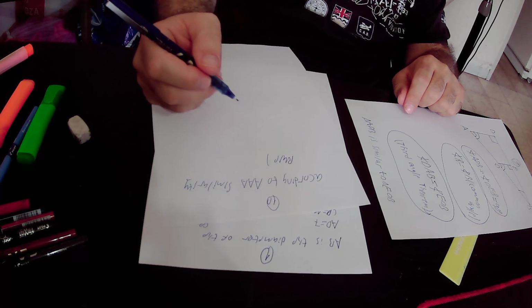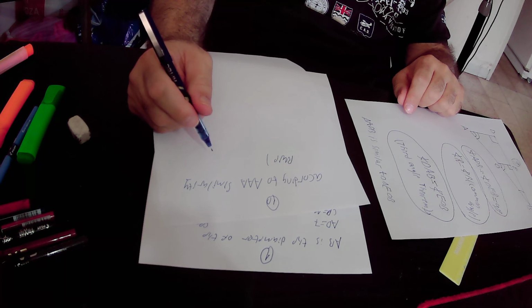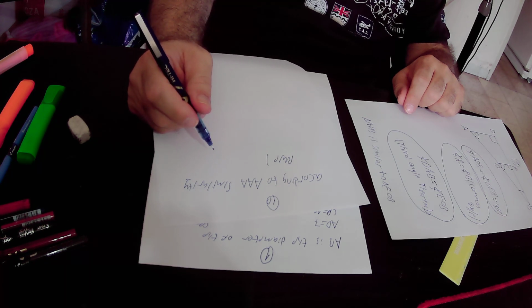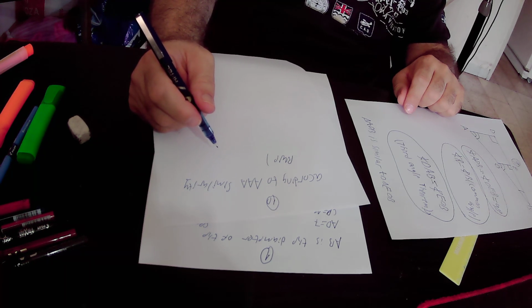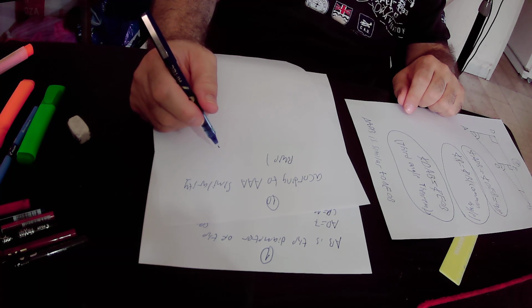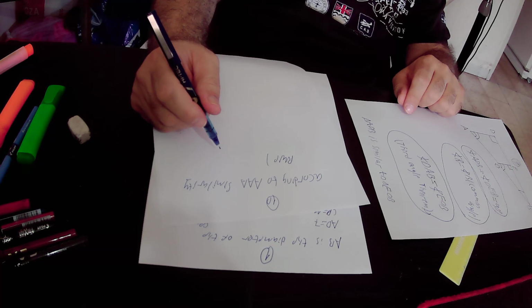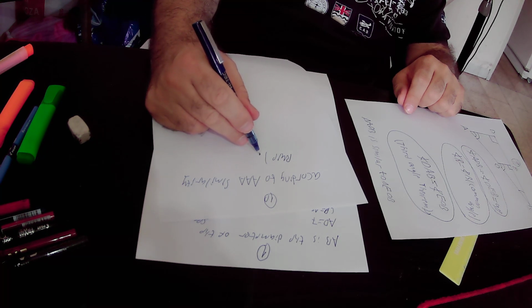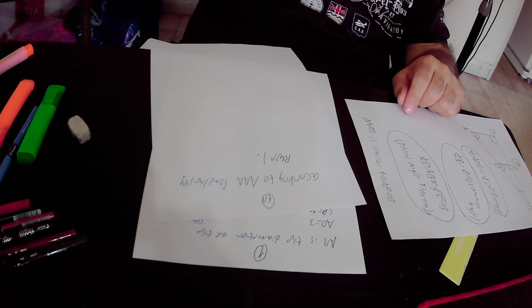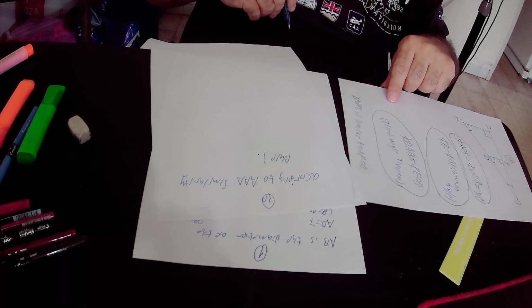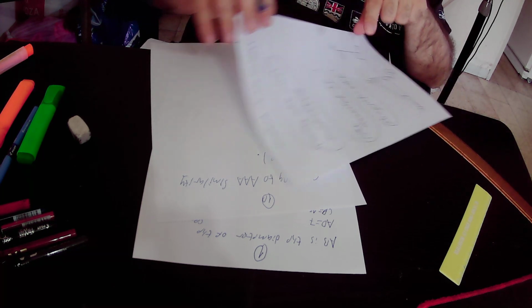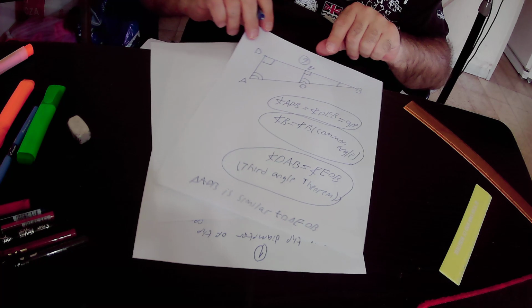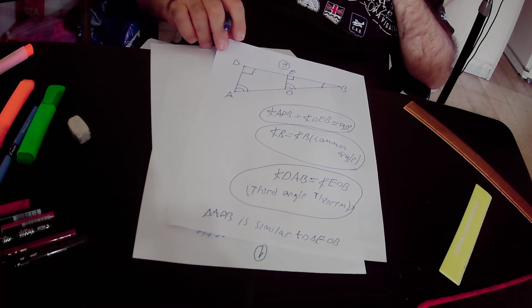The angle similarity rule states that if you prove that two triangles have three equal angles, that all the angles in one triangle are equal to all the angles of another triangle, then those two triangles are similar to each other. So we proved that the big triangle ADB and the small triangle OEB are similar to each other.